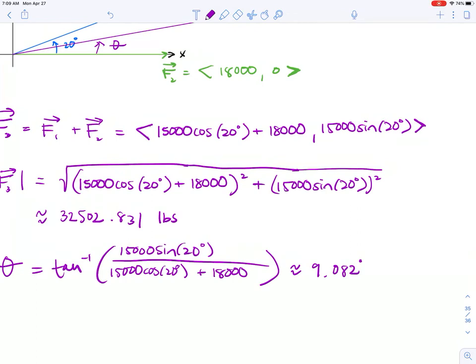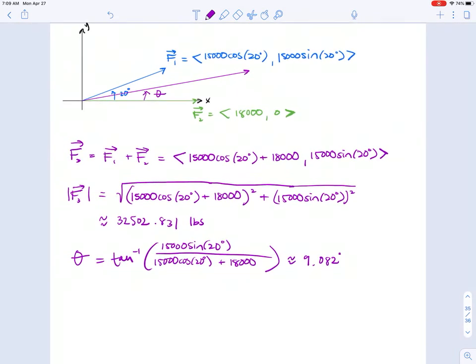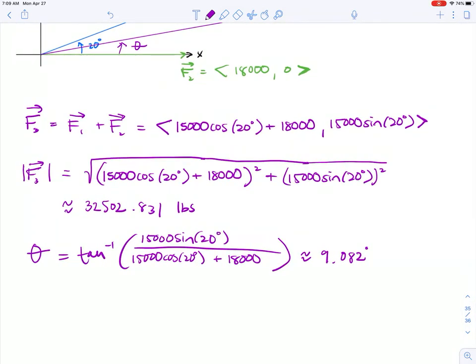Well, in our picture, we can see that that angle theta would be off of the second force vector.